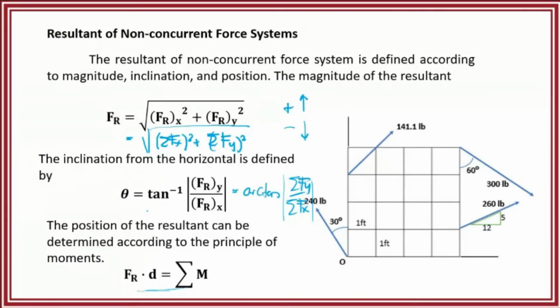For example, we have obtained the resultant force. We measure the distance of the resultant force from the arbitrary point. Let's say our arbitrary point is point O, and let's say this violet line is the resultant force.